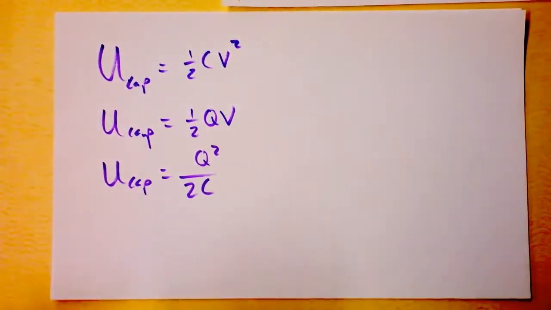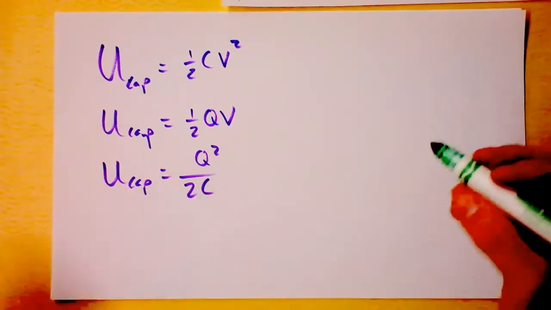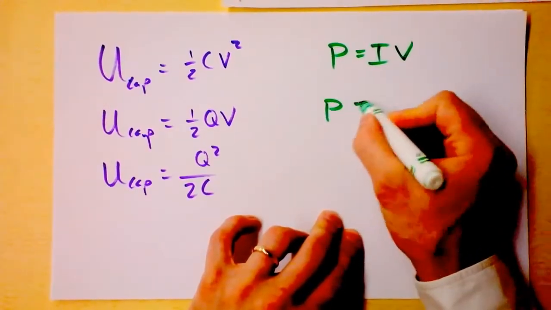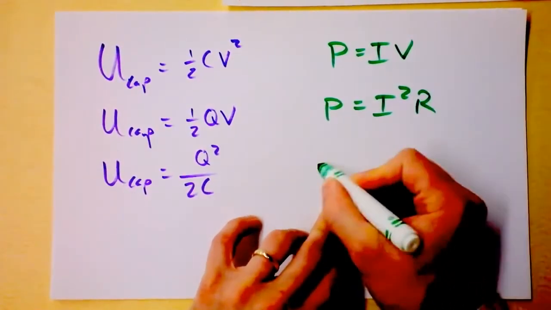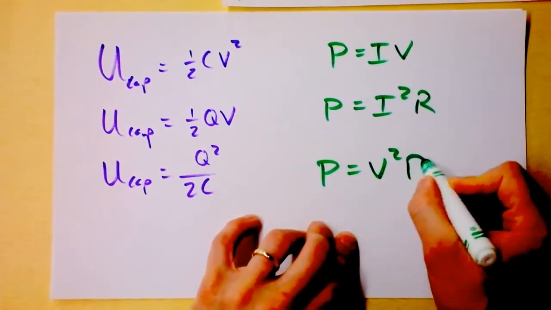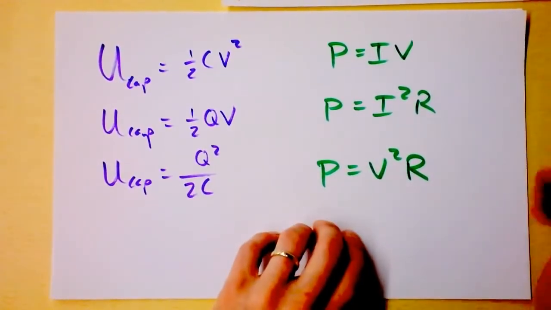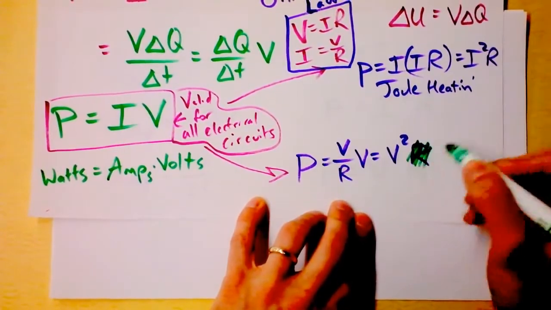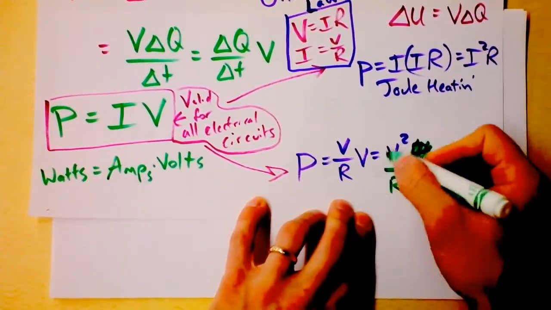But look at the similarity between these 3 equations. Power is IV, power is I squared R, and power is V squared times, oh shoot. Look at this. I'm doing this, and you're not even going to tell me that I screwed that up? It's V squared over R.